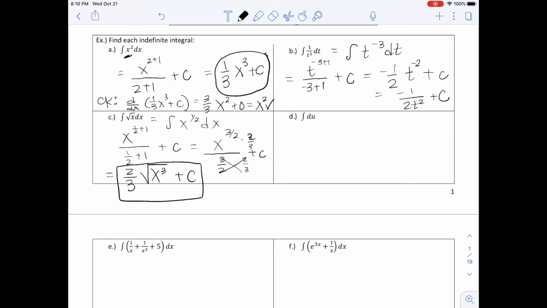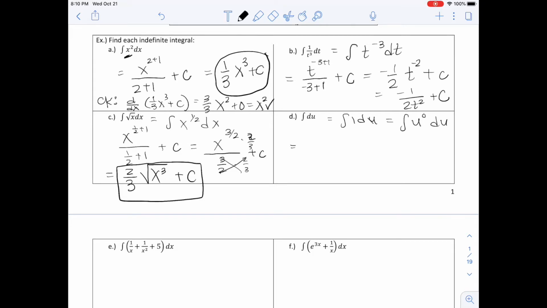Part D, which we have on here, is going to be the integral of, if you notice there's nothing here, so if you want to think of this as being the integral of 1 du. And so when we integrate this, you can think of this also as being the integral of u to the 0 du. The reason why is because u to the 0 is just 1.